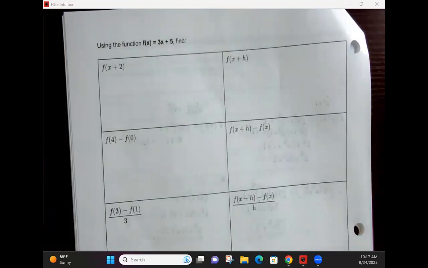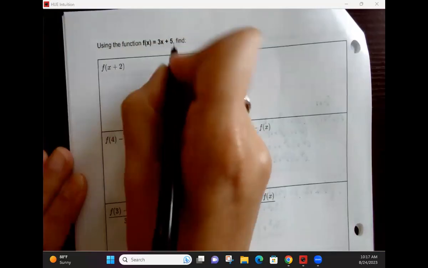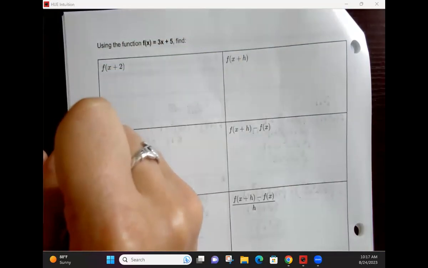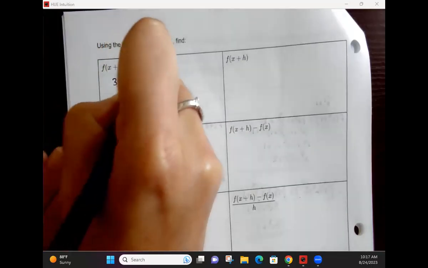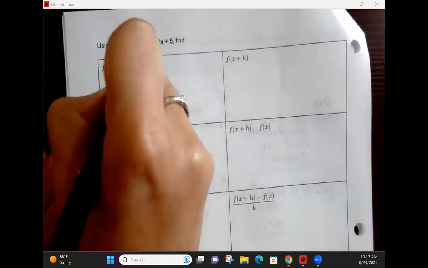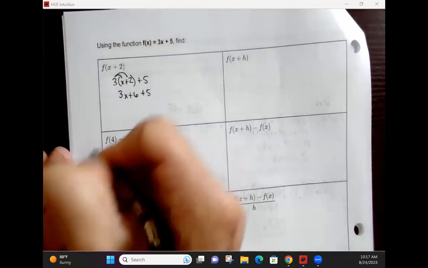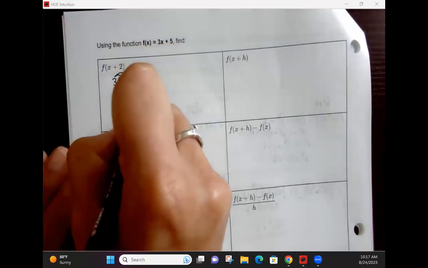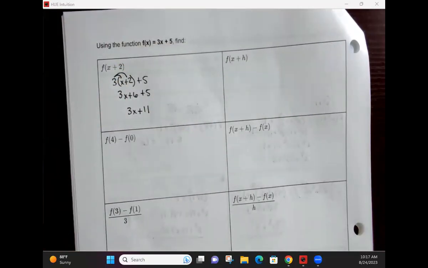So if we look at our first problem, 3x plus 5. If I want to evaluate at the expression x plus 2, I would have 3 times x plus 2 plus 5. And then we could distribute, and we get 3x plus 6 plus 5. So 3x plus 11. That's f of x plus 2.